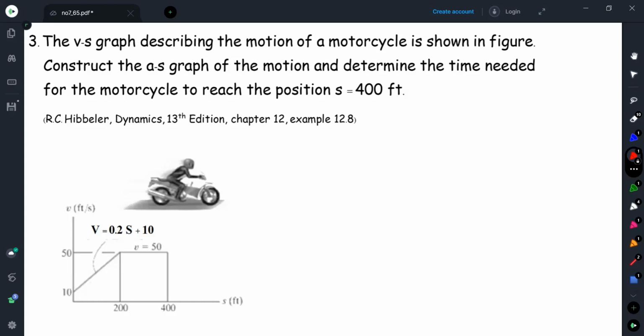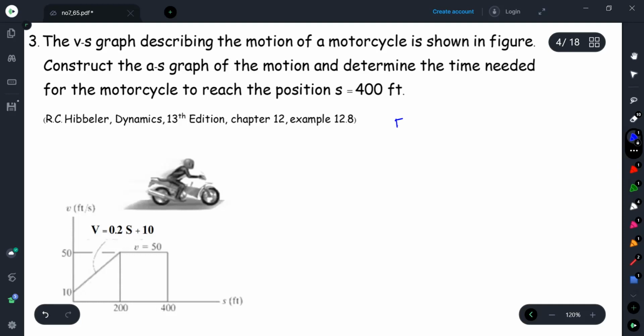So for the case that we would like to monitor the safety of transportation on the highway, we may install a velocity camera. You know velocity camera, right? So for this case, we may install the velocity camera here. That is station 1.